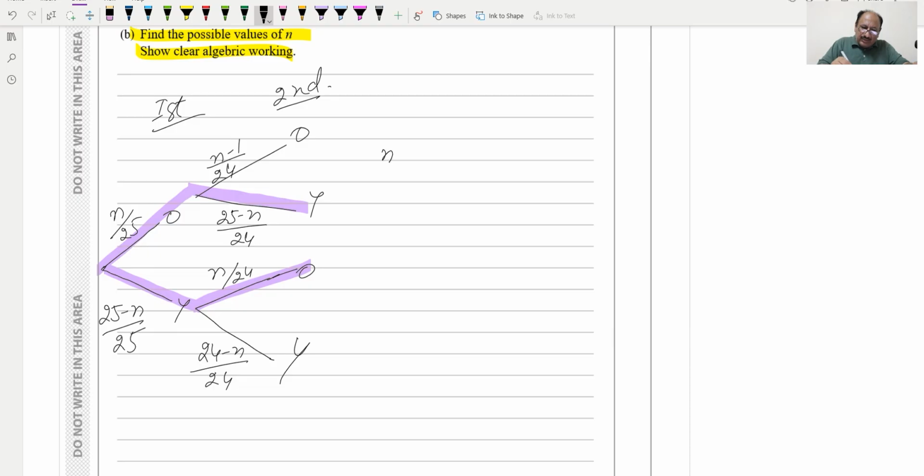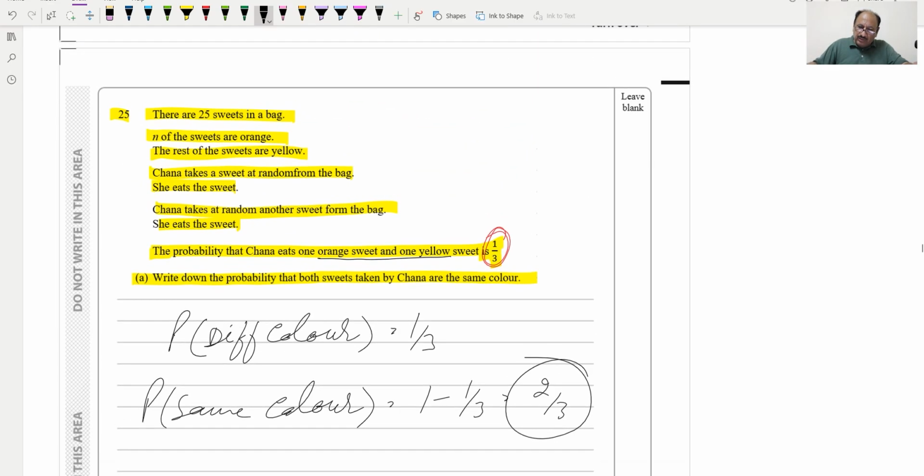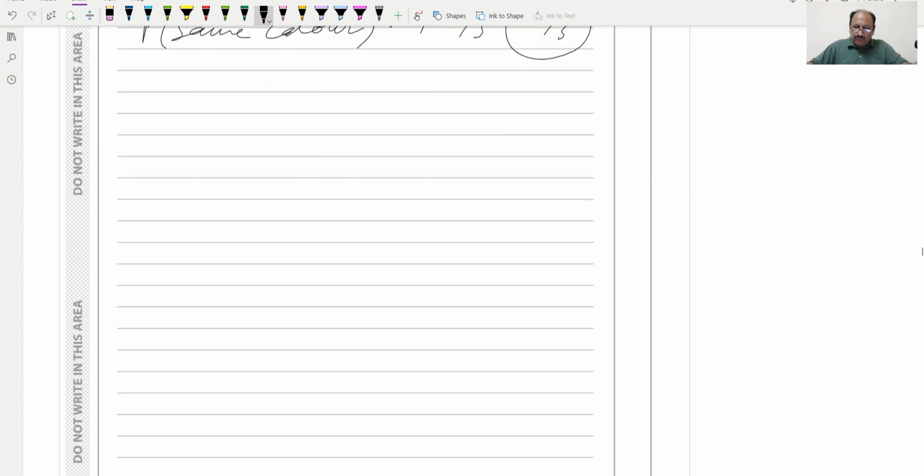We can take n by 25 into 25 minus n over 24, and this is orange and yellow: first orange, second yellow. Plus it can be first yellow, which is 25 minus n over 25, and the second will be n over 24. But this is equal to 1 by 3 by the condition of the question. They have mentioned in the question that the probability for different colors is 1 by 3.